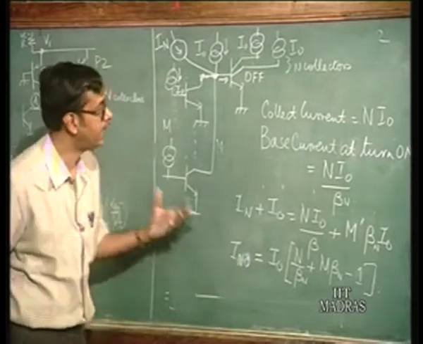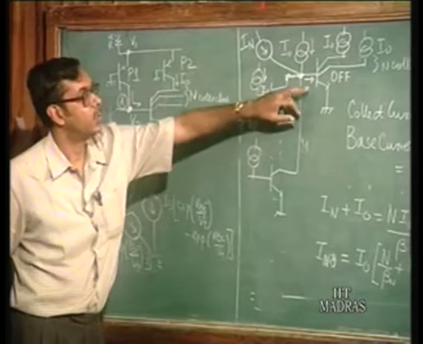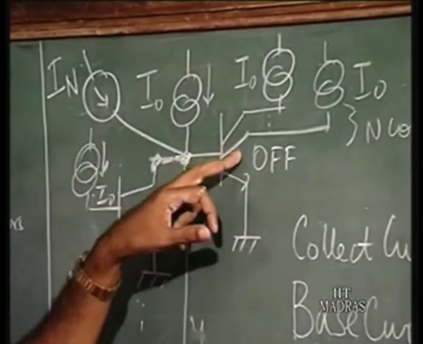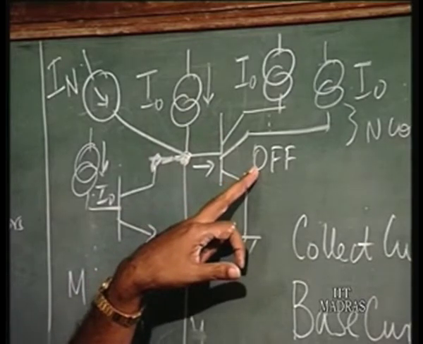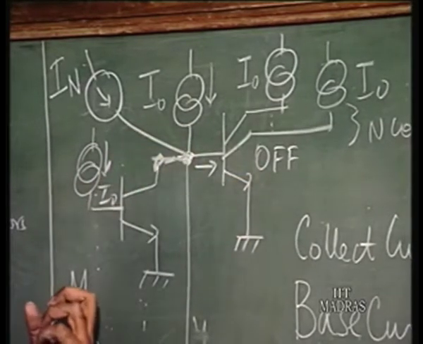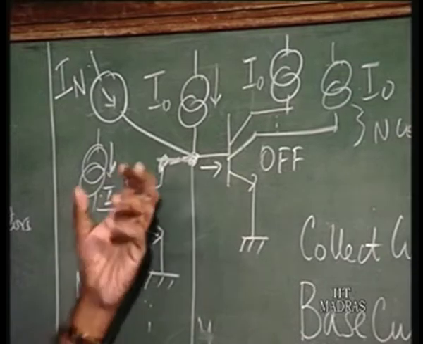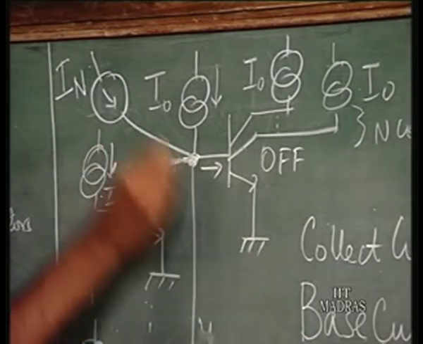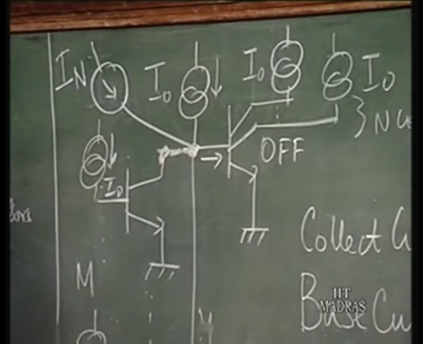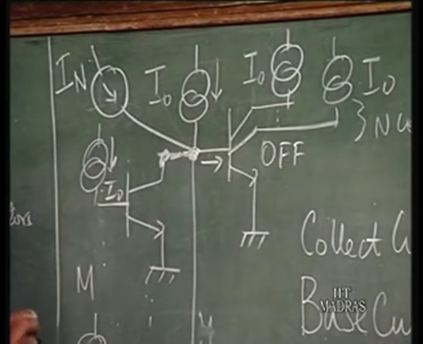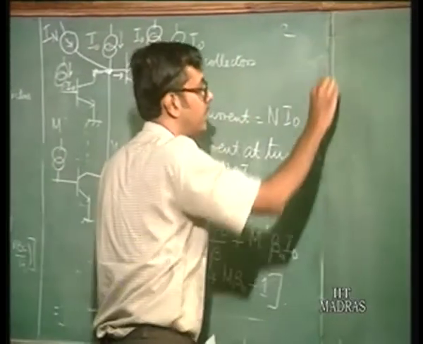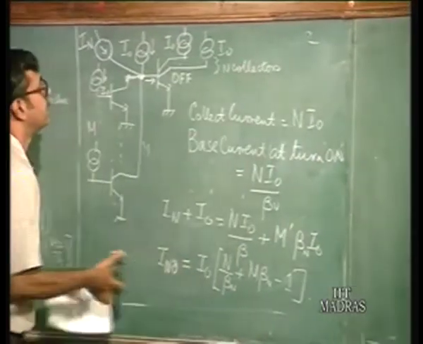Similarly, one can do an analysis when this transistor is on. When this transistor is on, this current is flowing into the base. To turn it off, when you turn it on, it is simpler because it means that all these transistors connected at the base should be off. So, again we do the case for the transistor being on.